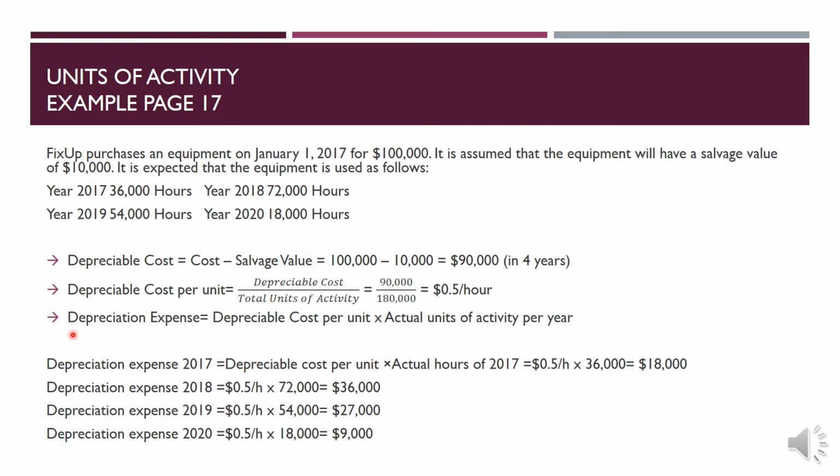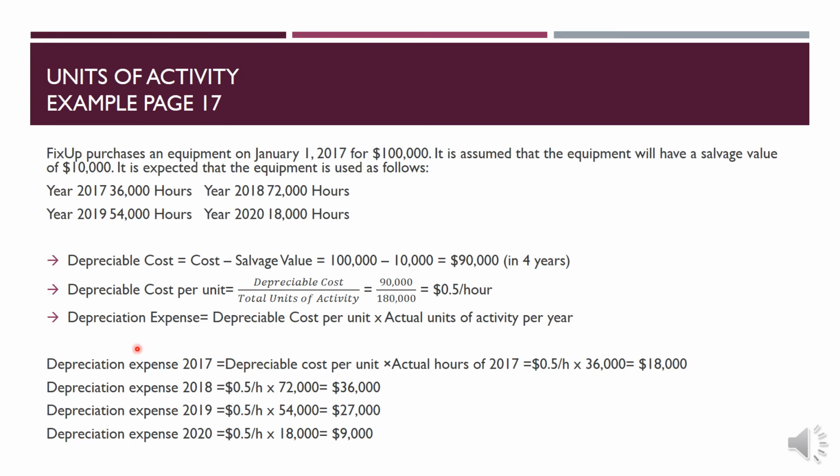The first step is depreciable cost. We have it $90,000. This amount is divided by the total activity level, which is 180,000 hours. We got this number by adding the 36,000, 72,000, 54,000, and 18,000. So the depreciable cost per unit will be $0.5 per hour.